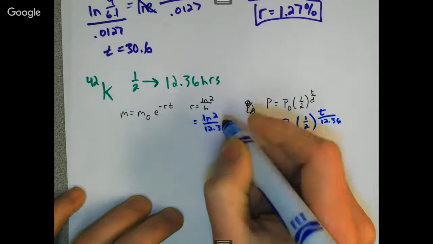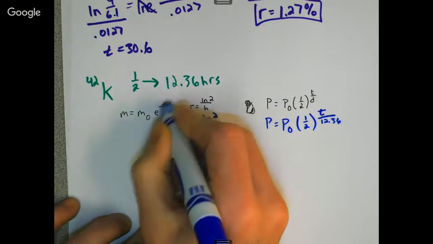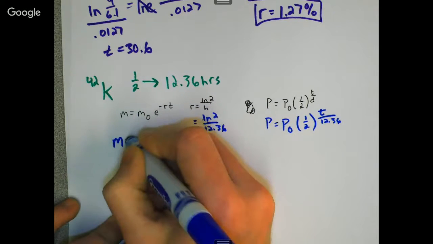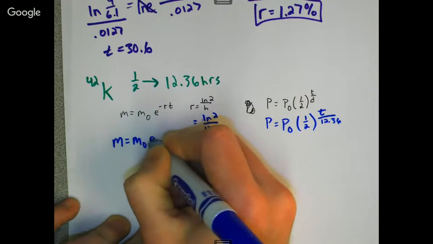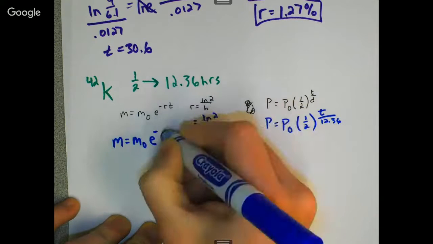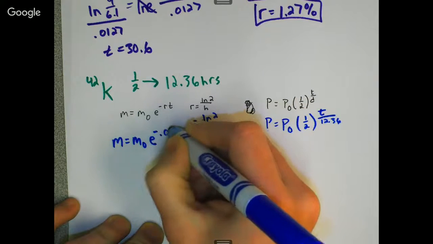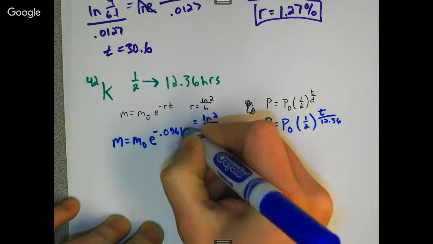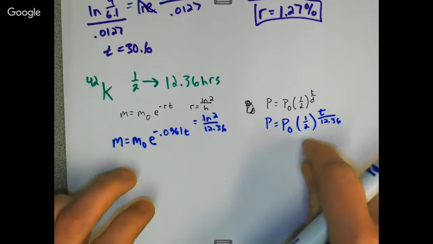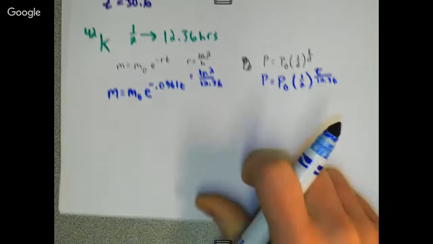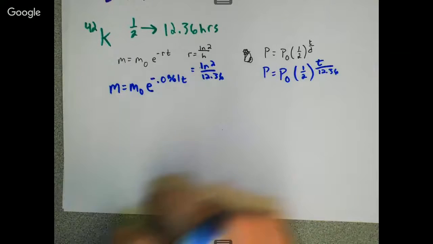And when I put that into the calculator and sub it back in here for r, we'll have M equals M naught e to the negative 0.0561t. Okay, so my models are two different models, but we should get out fairly similar results.